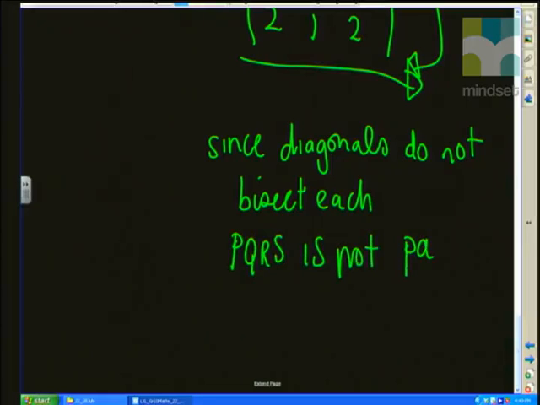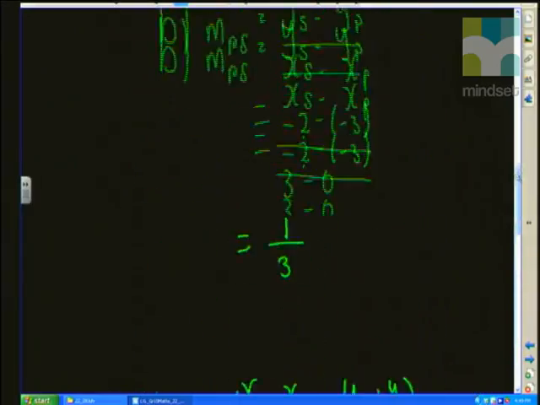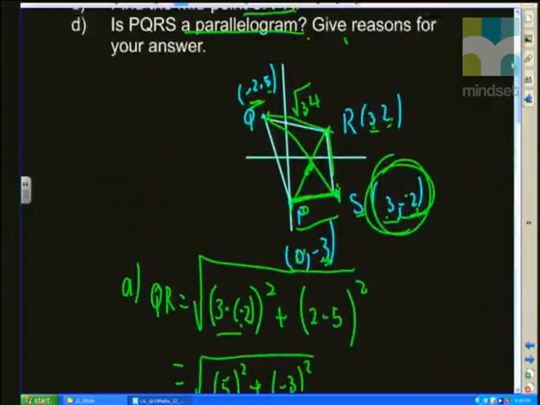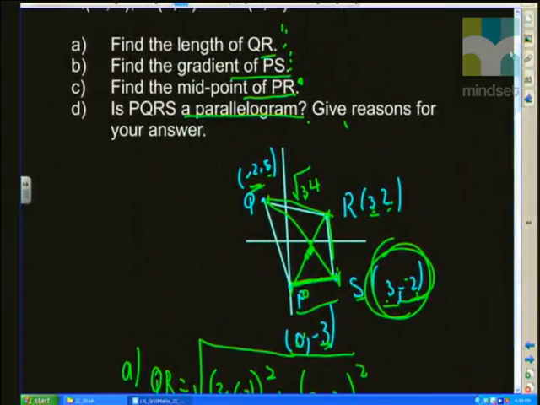Okay, and I'm just going to abbreviate that to PQRS is not a parallelogram. So since the diagonals do not bisect each other, we've shown that if the diagonals do not bisect, there's no way this can be a parallelogram. So before I try and show you a different way to do that part D, I want to quickly check with Queen and see if we've got any questions of yours that we can go over, maybe things you didn't understand in the show, and maybe we can help them now, Queen.